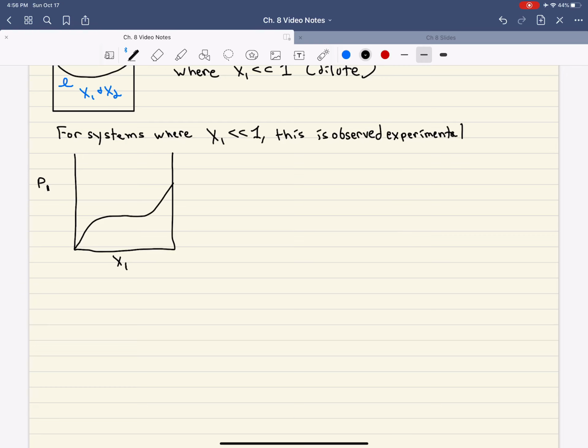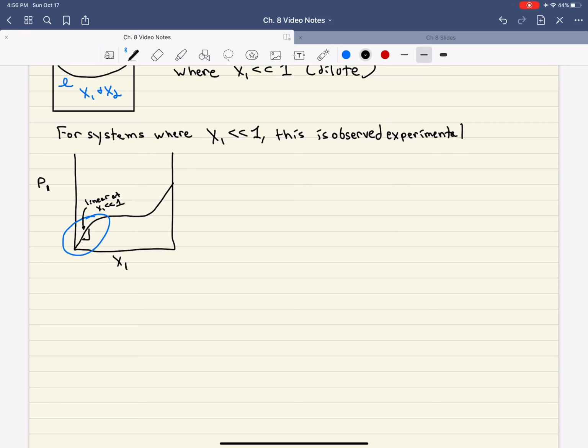What we're focusing on is the region where x1 is very close to 0, so much less than 1. Here, in this region, we find that the partial pressure p1 is linear with x1.